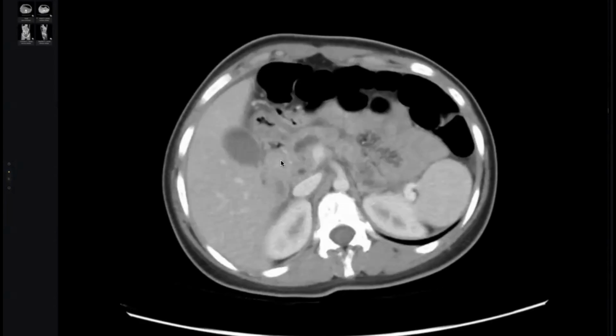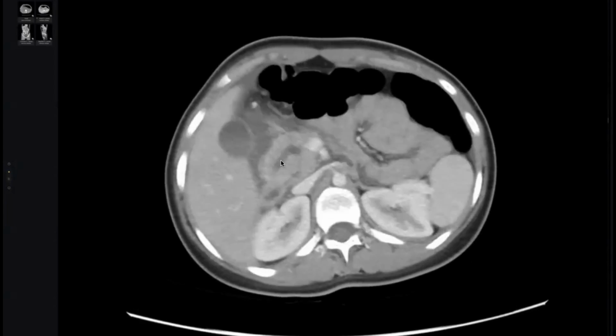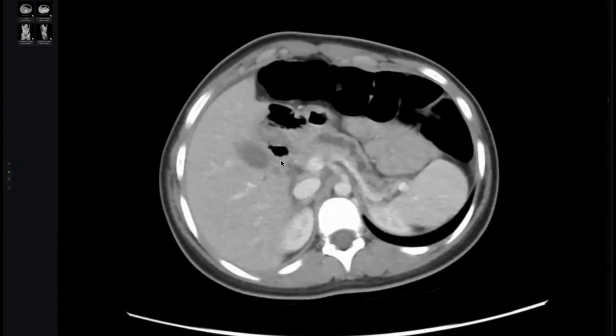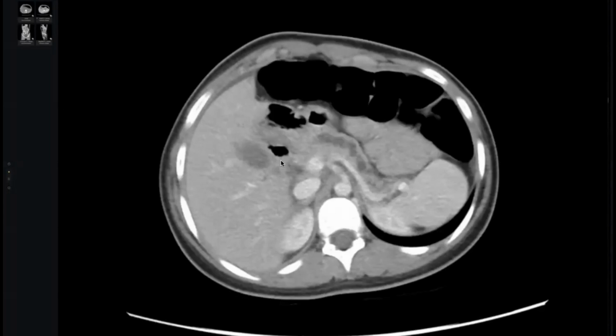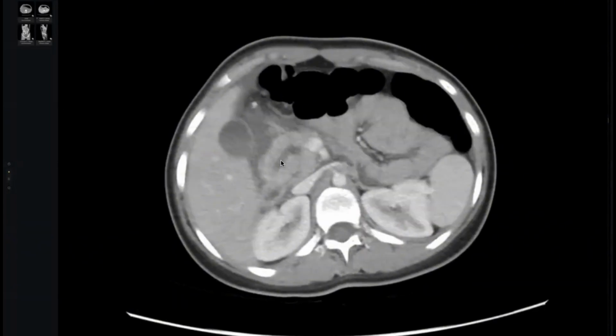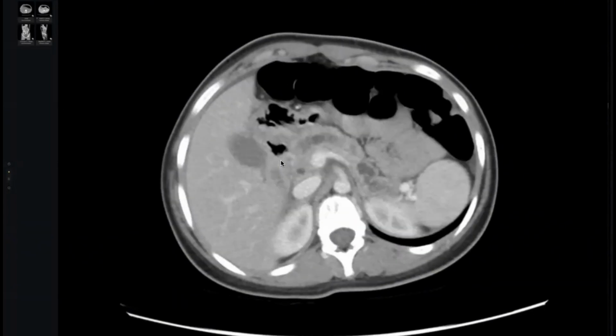It is significantly enlarged, and the pancreatic duct appears dilated. If there is history of trauma, this could represent acute pancreatitis or pancreatic contusion likely due to trauma. Doctor, one second. Look at the head properly, please.